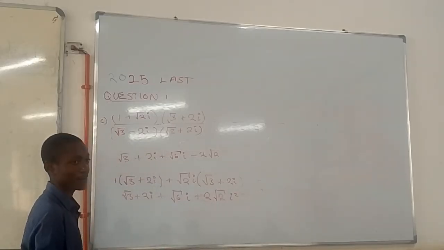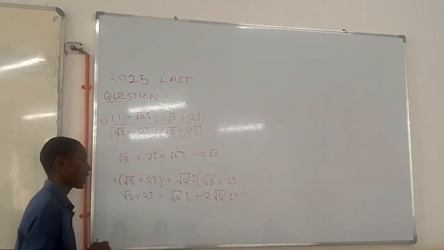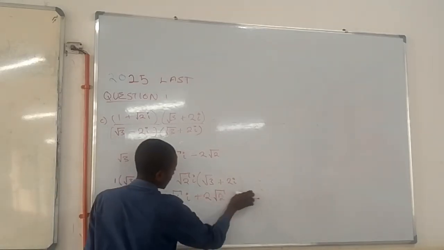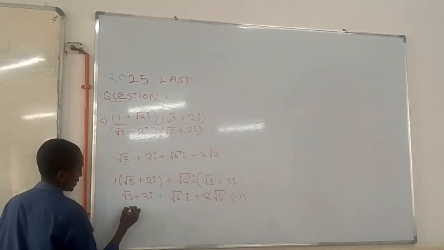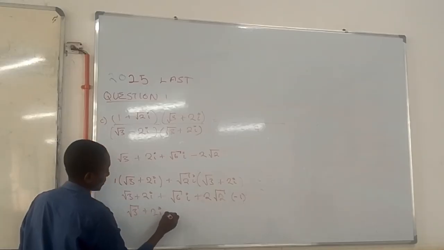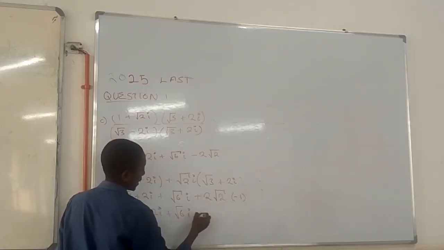Are we following? Yeah, so I times I squared, we know that it's negative 1, right? So this would be negative 1. So here we have root 3 plus 2I plus root 6I minus.